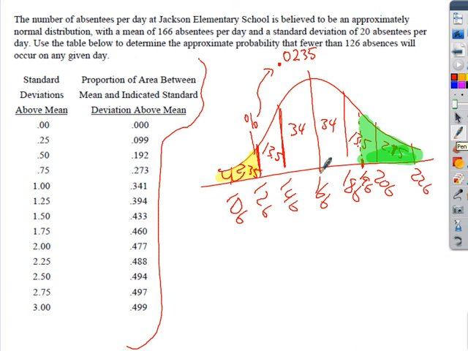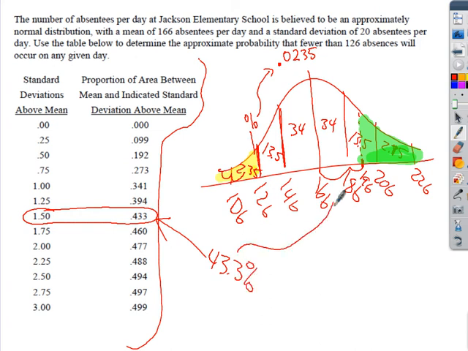This is where the table comes into play. At 1.5 standard deviations away, the table shows the probability of it falling in between there. It's 0.433. I'm going to change that to a percentage: 43.3% of the students are going to fall in there. So watch this.